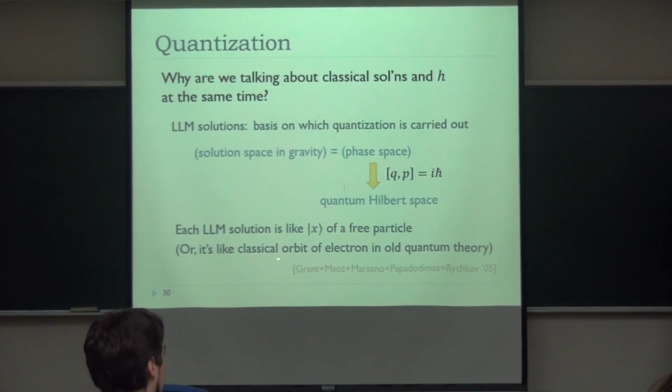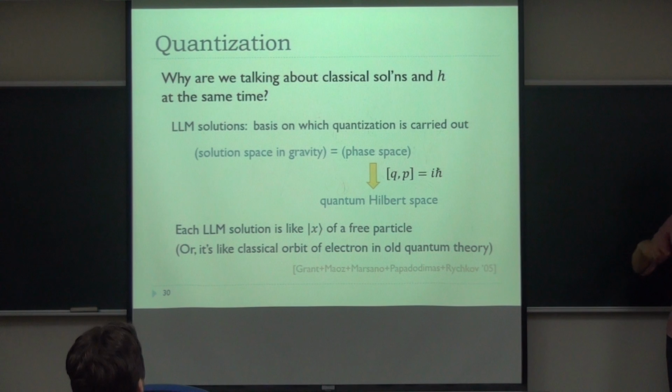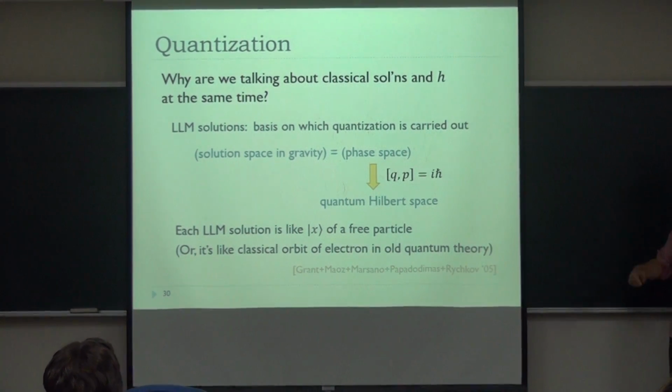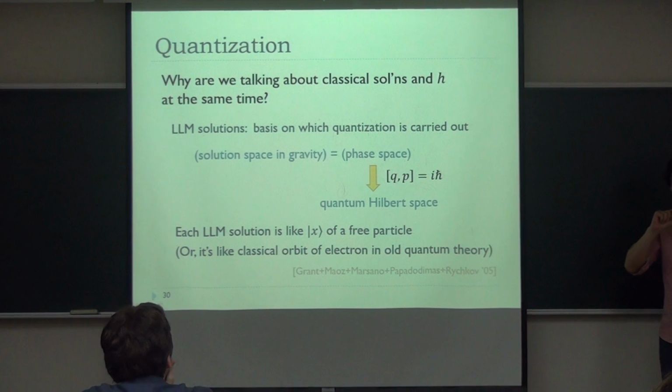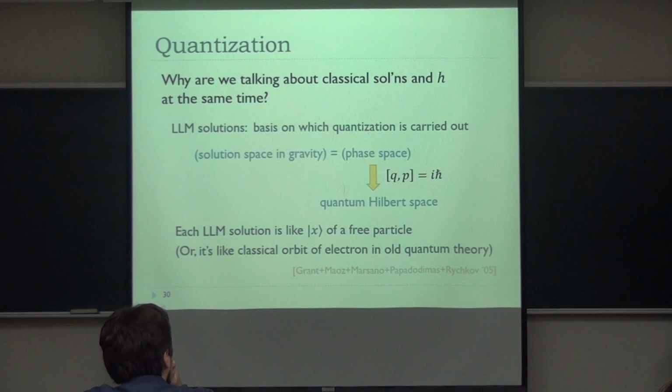So this is like the classical orbit of an electron in old quantum theory. In old quantum theory, you think that there is a proton, and you have this electron going around, and classically it's just a circle, but that's not right, and you have to quantize, and quantization is such that the circumference should be an integer multiple of the wavelength of the electron.